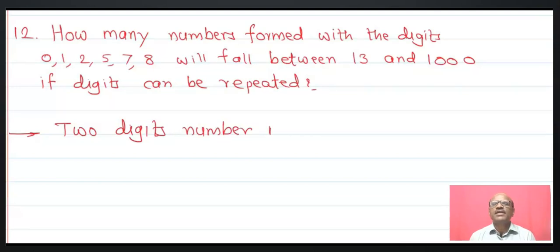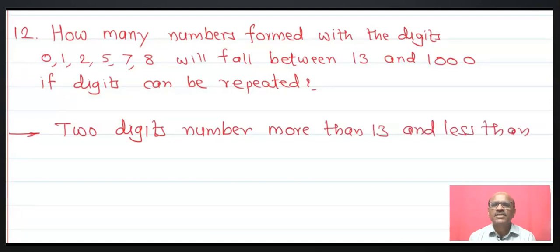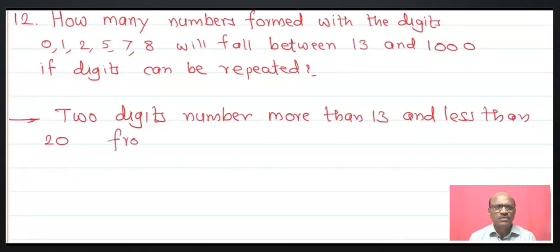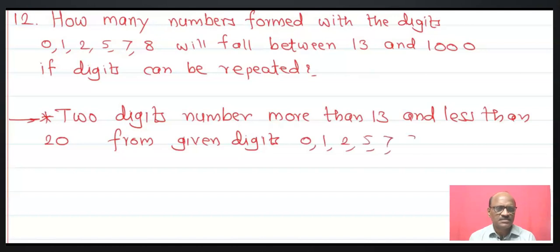Now in this case we will have the two types: two digit, that is from 13 to 99, and 100 to 999, that is 3 digits, not 13 and not 1000.